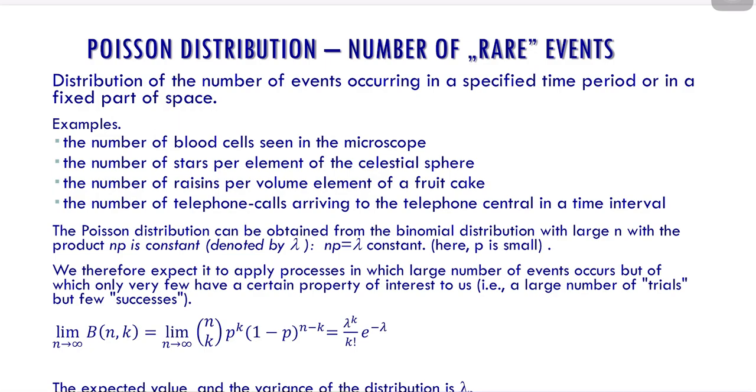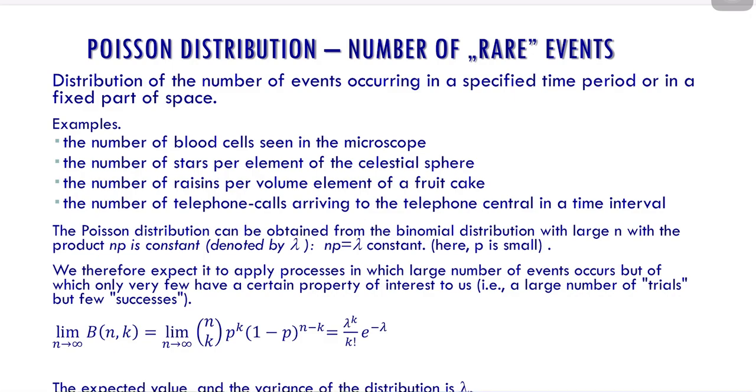The Poisson distribution can be obtained from the binomial distribution with a large n, with the product np constant. It's very important: np is constant. Usually p is low, and in a very large number of repetitions only very few have the certain probability of interest for us.